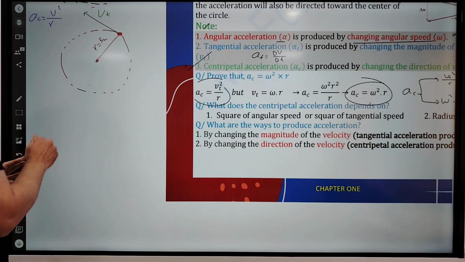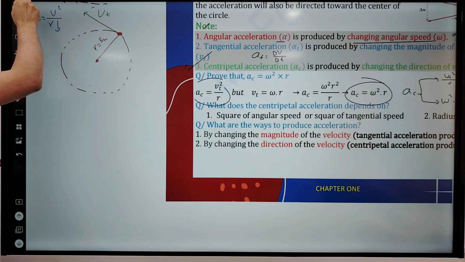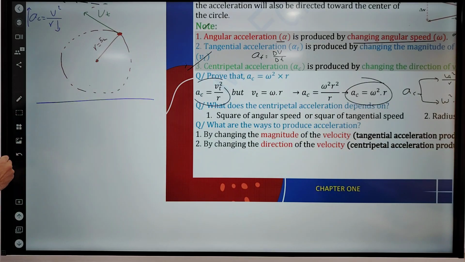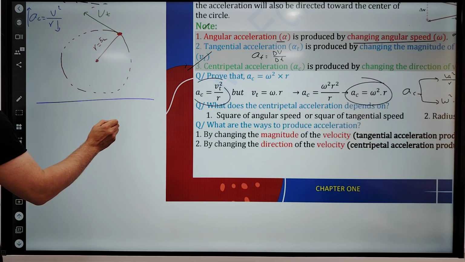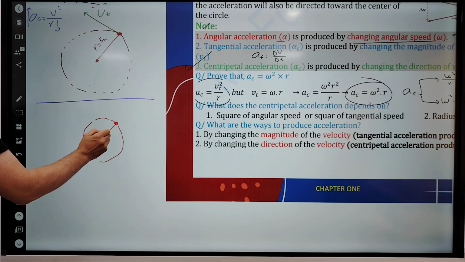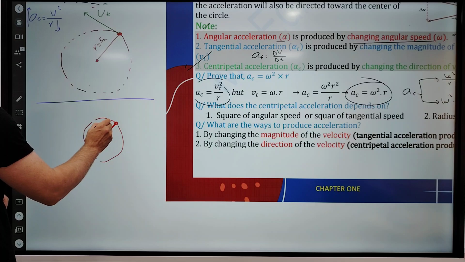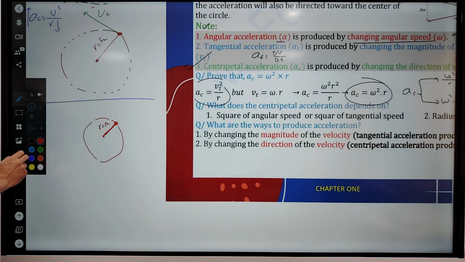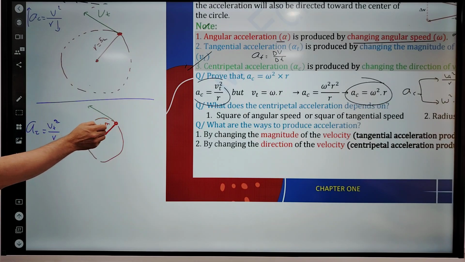What is the relation between centripetal acceleration and the distance from the axis of rotation? It is inversely proportional. What do you mean by inversely proportional? When R decreases, what happens to the centripetal acceleration? It increases. Another example: if we decrease the distance from the axis of rotation from 5 meters to, for example, 3 meters, the object still has the tangential speed, and the centripetal acceleration is equal to Vt squared over R. What happened to the distance?